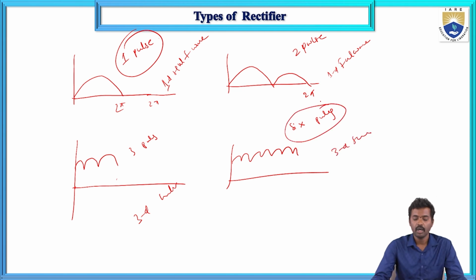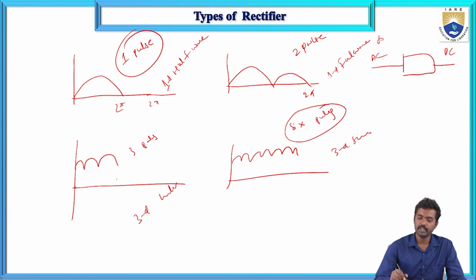So how do we get this? If you give the AC supply, you will get the DC supply. Fixed AC to fixed DC in the case of an uncontrolled rectifier. Here we will use only diodes.